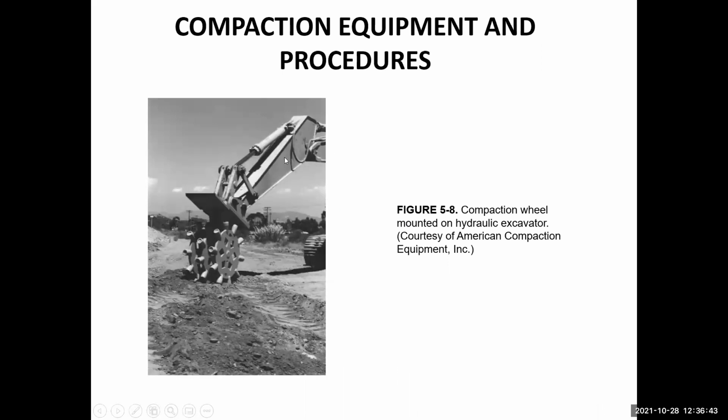This is a compactor which, in this case, we can attach the compaction wheel with the hydraulic excavator. So a hydraulic excavator, if modified, instead of the excavation bucket, we can place the hydraulic compaction wheel on that hydraulic excavator, then it can also provide the compaction.